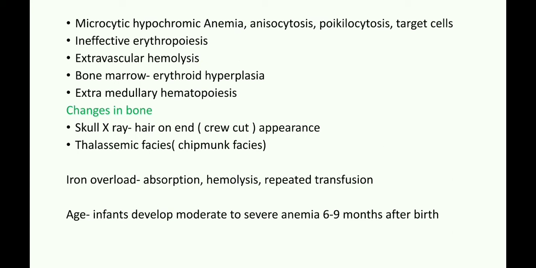So iron overload can happen in such thalassemic patients. Now, regarding the age when this condition manifests, usually in infants in their early age we are not going to observe this, because they have fetal hemoglobin in their body. Only 6 to 9 months after birth, these infants will develop moderate to severe anemia.